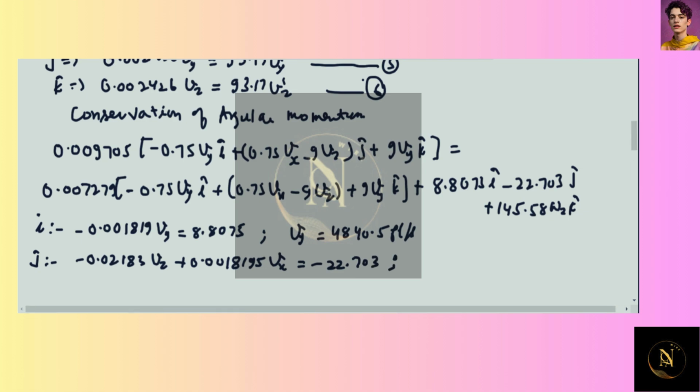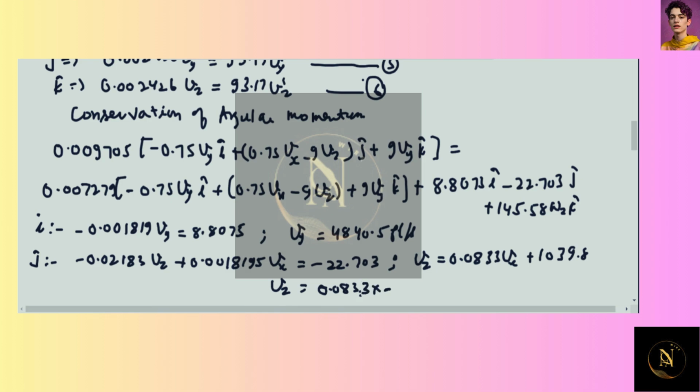So from here Vz is 0.0833 Vx plus 1039.8, and Vx we have already found. Vx is minus 2160, let me write it properly, just a moment please.